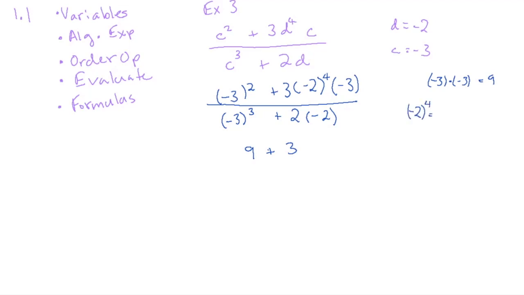This means that you've got -2 times -2 times -2 times -2, 4 times. If you multiply a negative times a negative, you get a positive. This positive number multiplied by a negative gives you negative. But if you multiply by a negative again, you now get a positive. So you can tell that this answer would be positive. And then you have 2 times 2, which is 4, times 2, which is 8, times 2, which is 16. So the answer is positive 16.